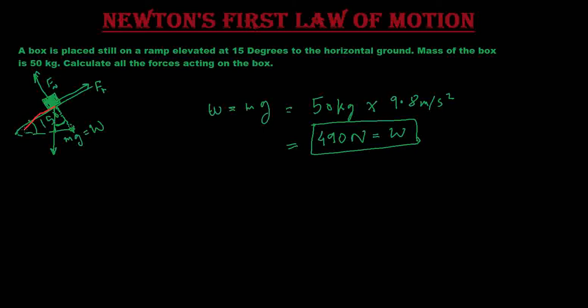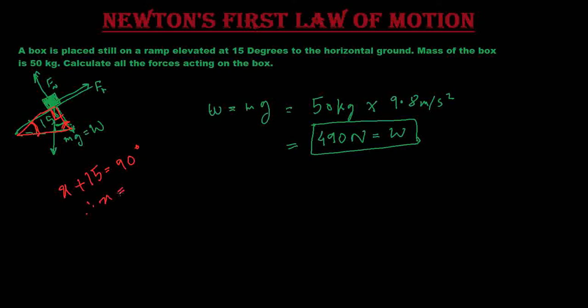Now in this triangle, this is a right angle, 90 degrees. This angle plus this angle is also going to be 90 degrees, because the three angles of a triangle sum up to 180 degrees. Suppose that angle is x, so we can write x plus 15 equals 90 degrees.